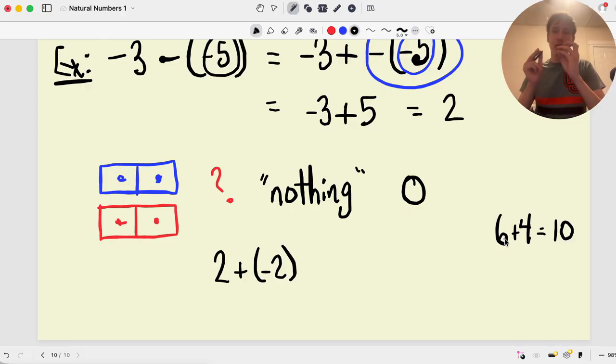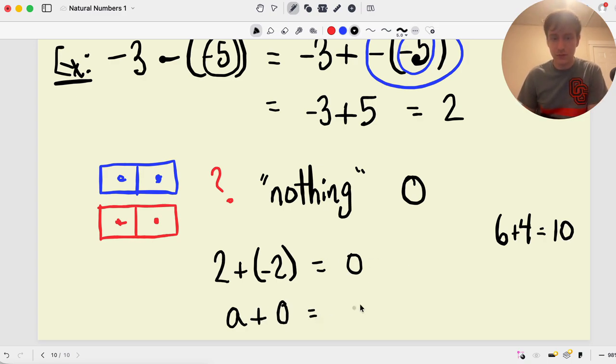But if I have equal numbers of red and blue dots, I still need that to be something in my system. So we define this to be 0. All 0 really means is if I have any natural or inverse natural number and I add 0 to it, to the right or to the left, I don't change the number at all.